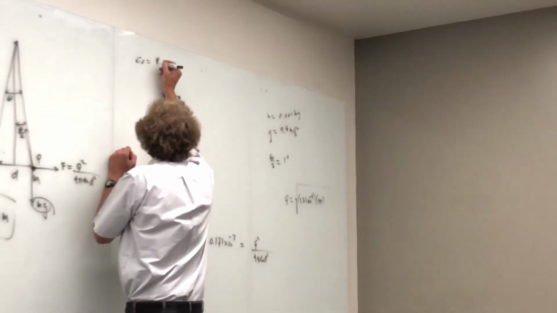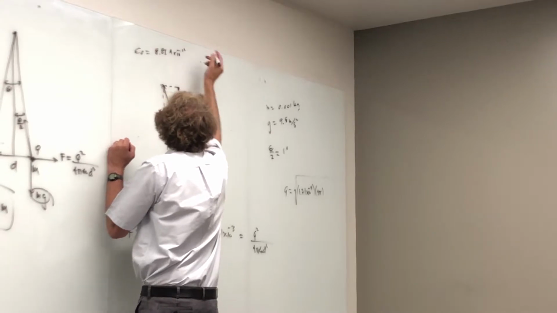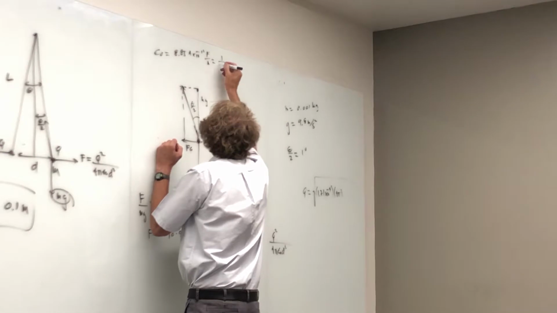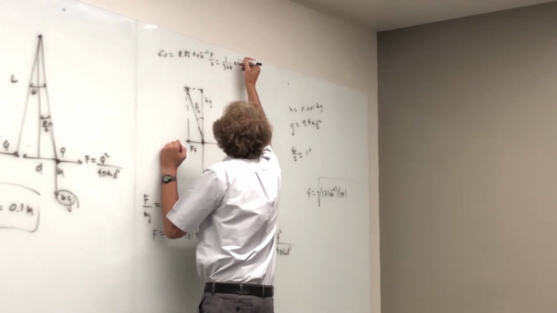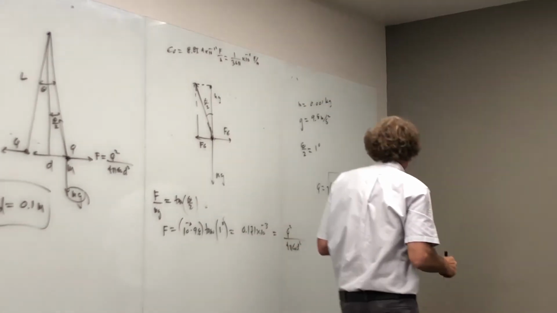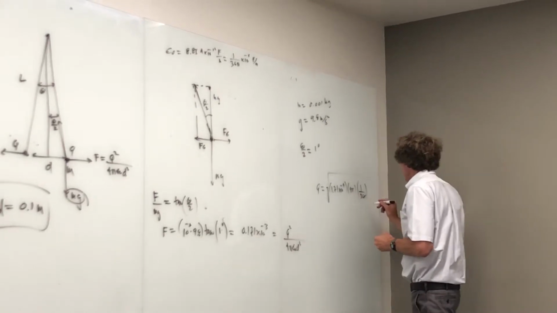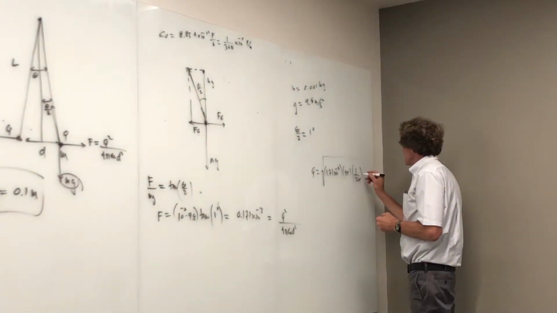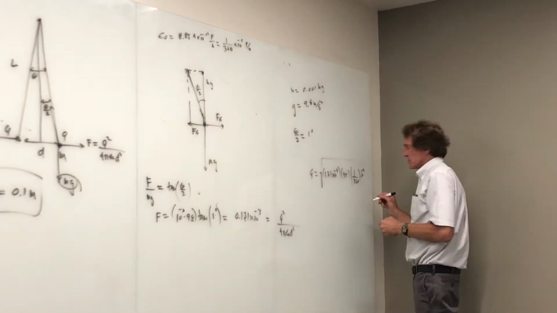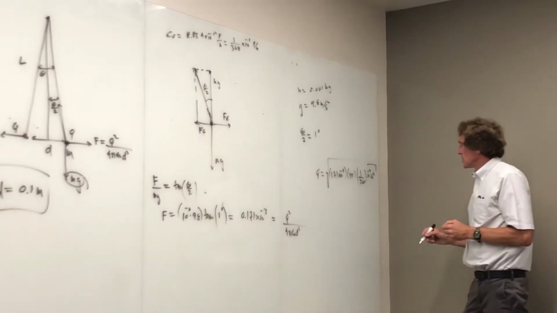Epsilon naught can be rendered as 8.854 times 10 to the minus 12 farads per meter, or it can be equal to 1 over 36 pi times 10 to the minus 9 farads per meter. This is used a lot because the pi's cancel. And if I do that, I have 1 over 36 pi times 10 to the minus 9. And then I have d squared, which would make it 10 to the minus 2 times 10 to the minus 2. And that would be equal to q.